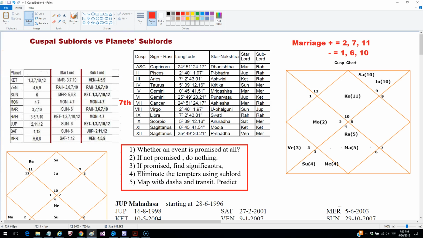So what I'm trying to say is that sometimes when you are working on the birth chart or the natal chart using Krishnamurti Paddhati, you are not sure how accurate the birth time is. So you have to be very cautious in using the Cuspal sublords. So that's point number one.